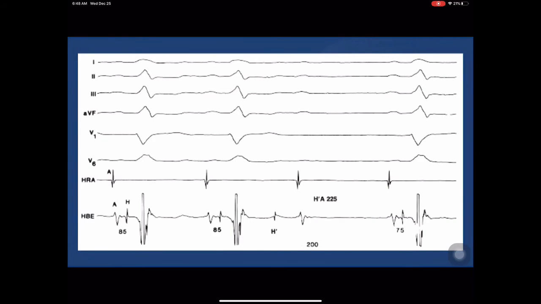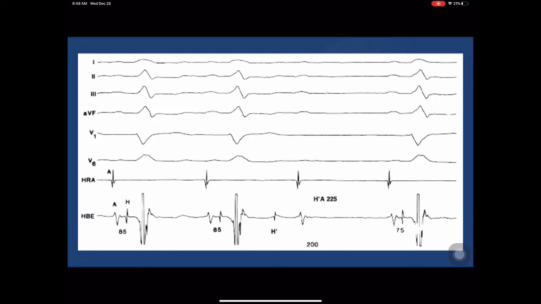But you can understand the worry of the referring docs having seen Mobitz 2 block in their patient, and they're having syncope. The referral was absolutely right.